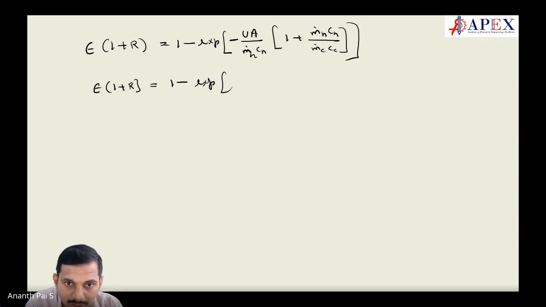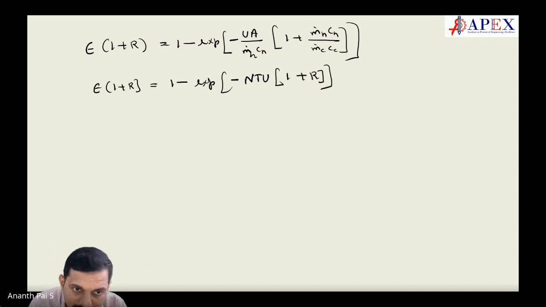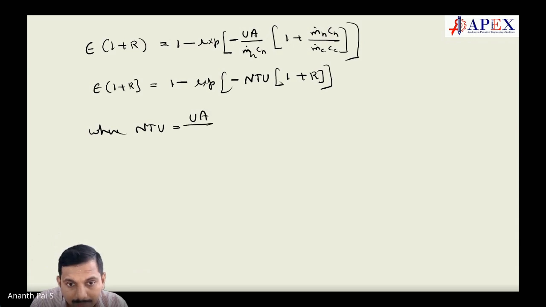This is the minimum of both, so NTU is equal to UA by m dot C minimum.